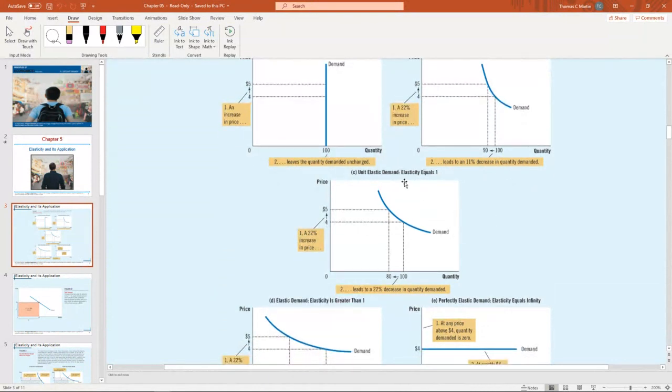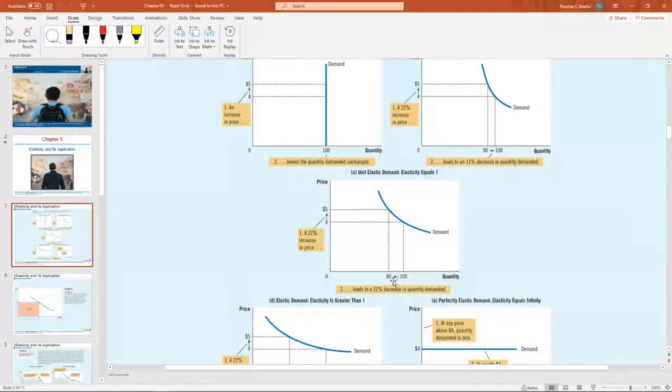Here we have a unit elastic demand. A 22% increase in price will lead to a 22% decrease in quantity demanded. That's where we want to be. Because as we'll see a little later on when we calculate elasticity, we want to produce at the level where elasticity of demand is equal to 1.